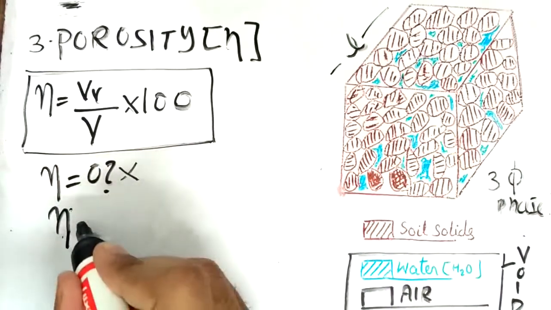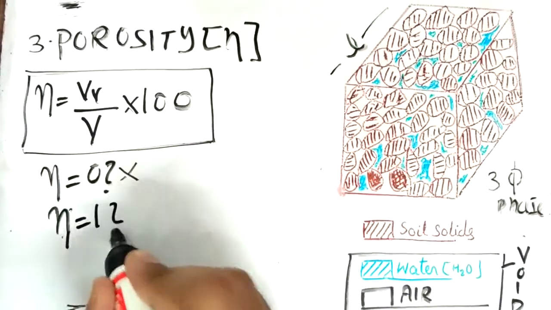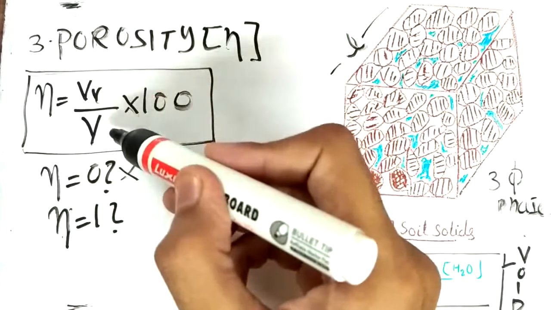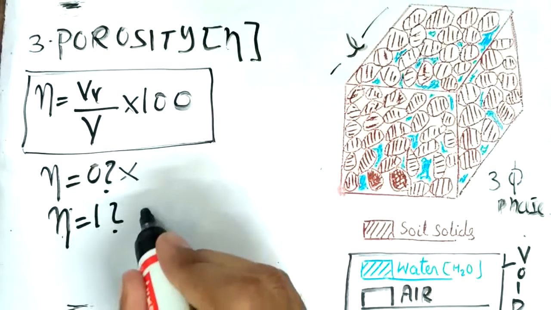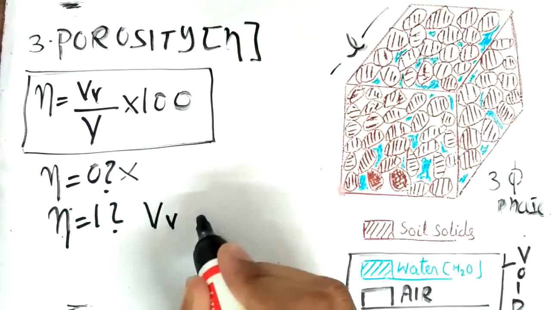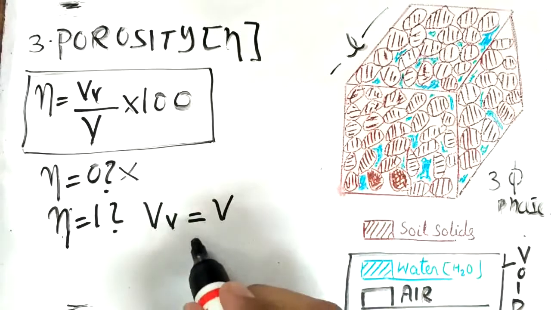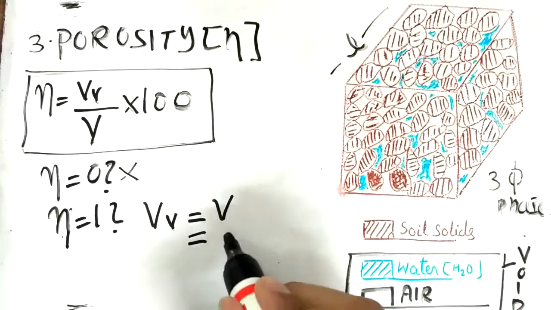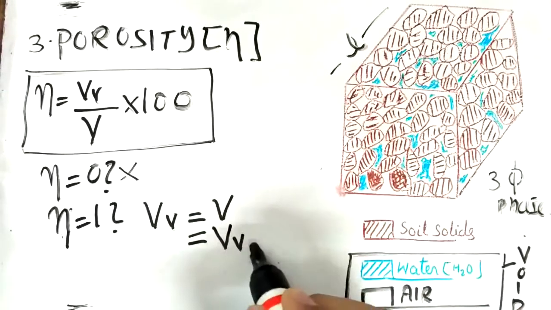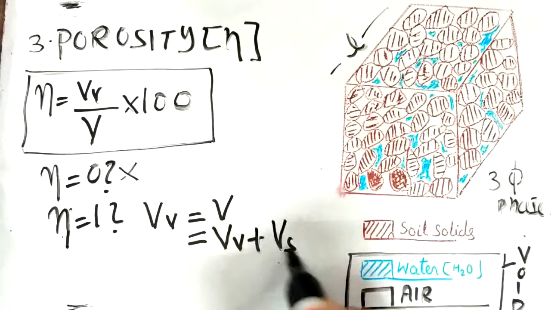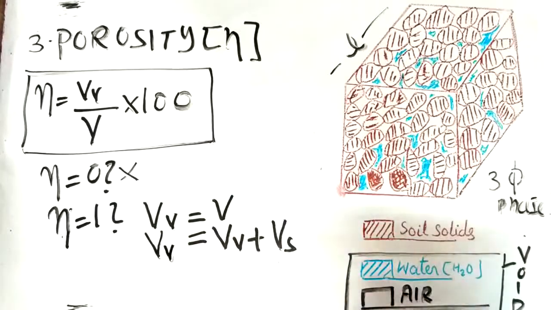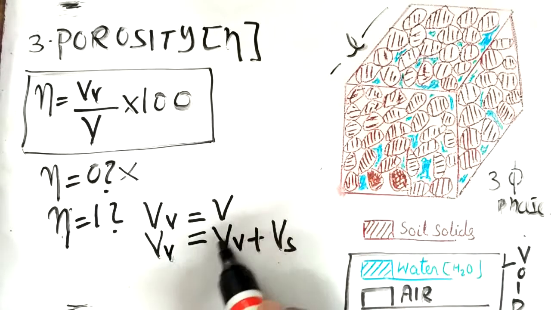Can I have eta equal to 1? When will I have eta equal to 1? When numerator and denominator are both equal. So if my volume of void is equal to the total volume of soil sample, now look here, my total volume of soil sample is nothing but volume of void plus volume of soil solids. What you can observe is that on the LHS I have volume of voids, and on the RHS also I have volume of voids.